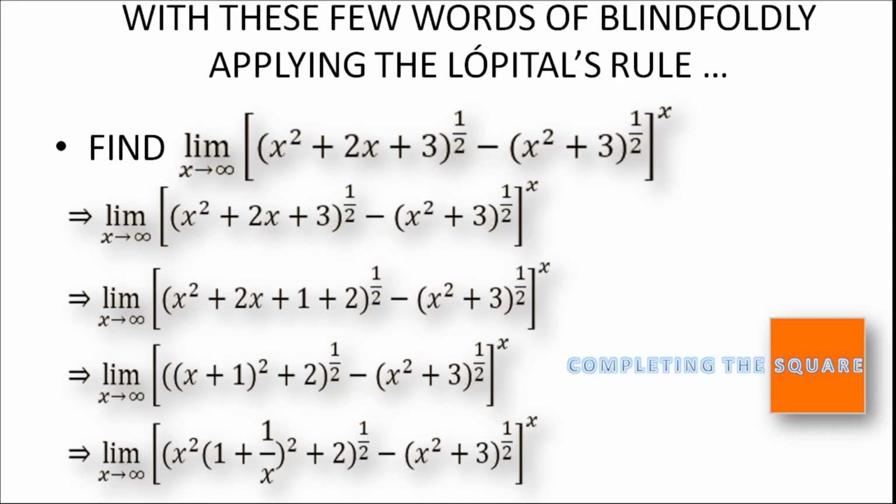And in the second step, we do one thing that seems almost unnecessary. We just break the 3 in the first term into two parts, 1 plus 2. So we have x square plus 2x plus 1 plus 2, whole power of 1 by 2, minus (x square plus 3) whole power of 1 by 2, whole power x.